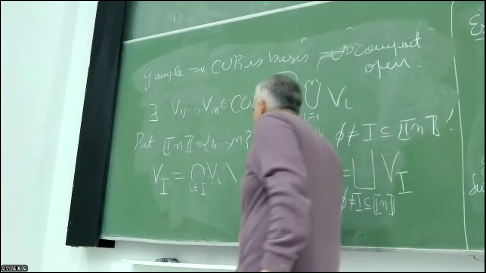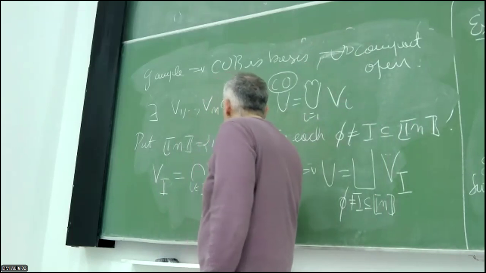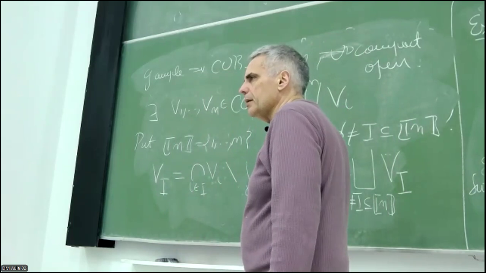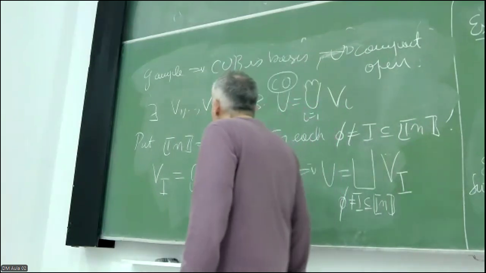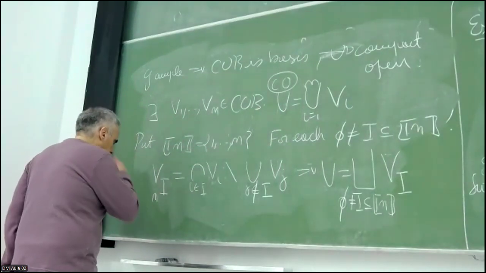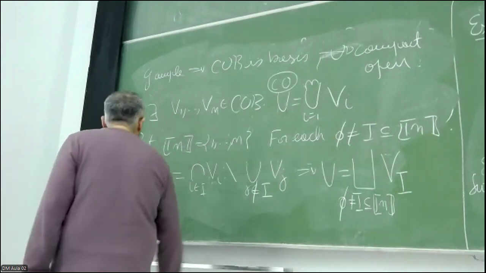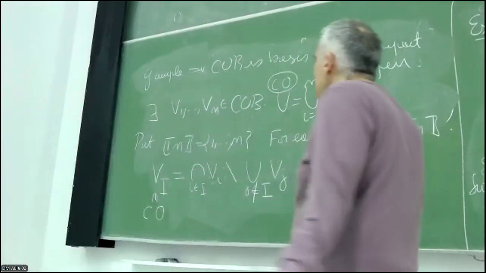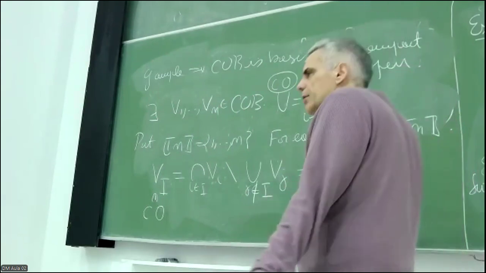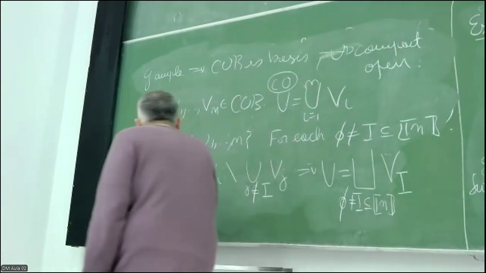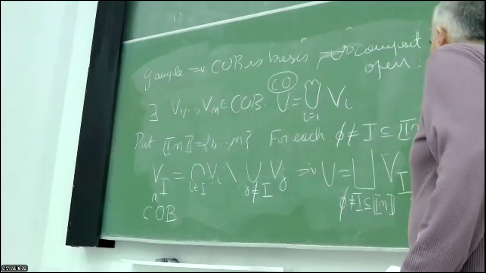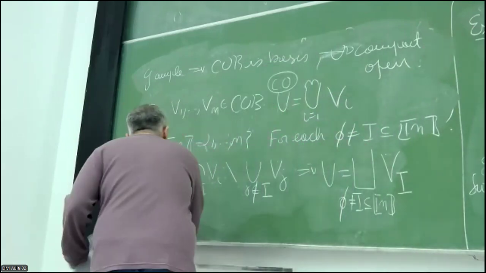And it is open because this is a finite intersection. And this union that I just said was closed, was open, is also closed. Right? So this is again compact open. And the fact that the domain and codomain functions are injective does not change when we restrict here. So these are also bijections. Okay. So what does this mean?